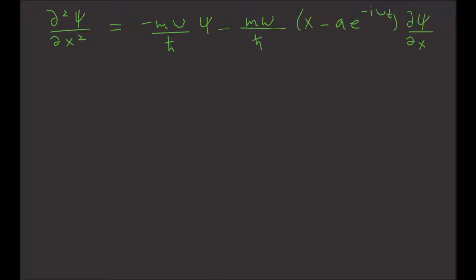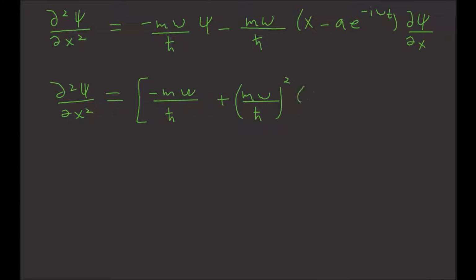Let's simplify this a little bit. So the second partial derivative with respect to x equals minus m omega divided by h bar plus m omega divided by h bar parentheses squared times x minus a e to the minus omega t, and this is squared, times psi.